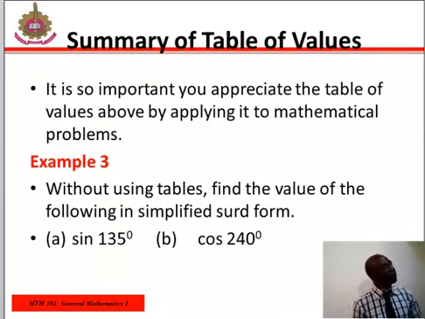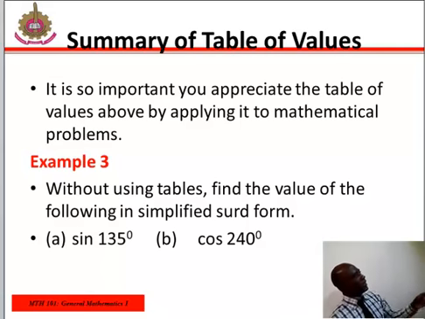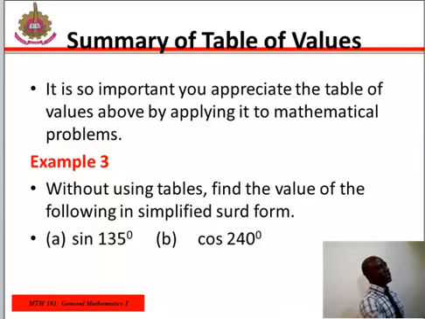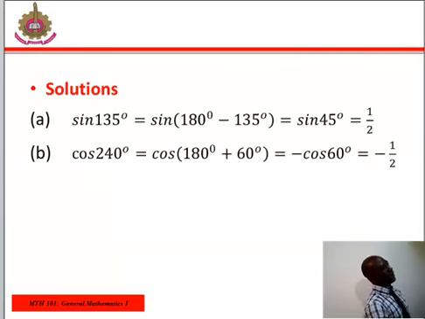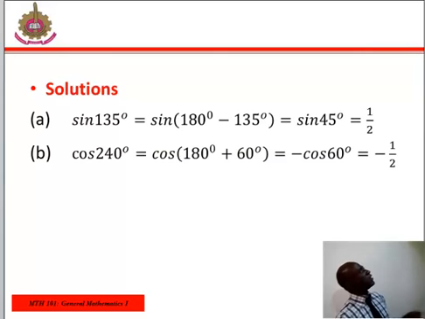Now let's look at an example. Without using any table, we can find the following: sine 135 degrees and cos 240 degrees. Now let's take this solution one after the other. A, sine 135 degrees.